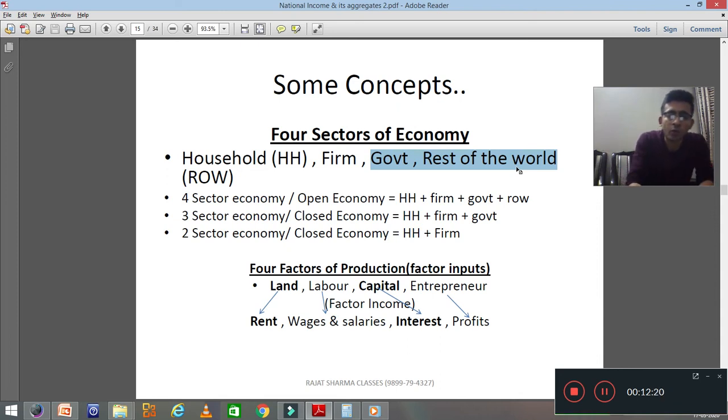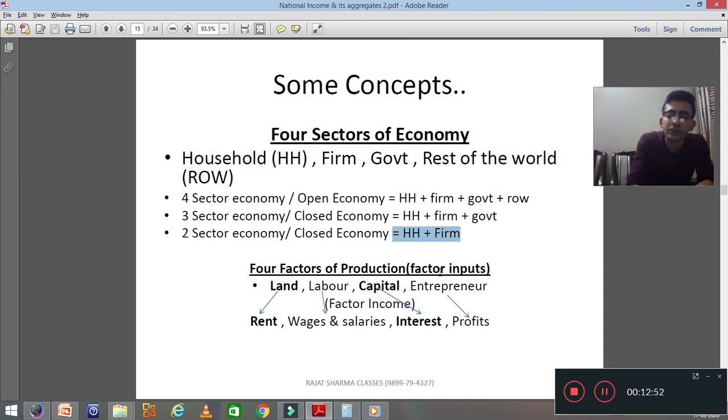If you're talking about all the four sectors, we are talking about an open economy, the four sector economy. If you talk about three sectors, that is household, firm, and government, this is a closed economy. Even household and firm, two sector economy is a closed economy. Household is the people, the consumers, we all people. The firm are the producers, the industrialists, the government administrator, and the rest of the world, the remaining world.